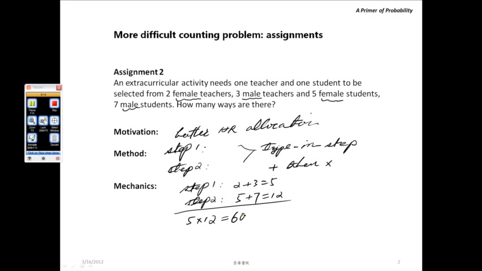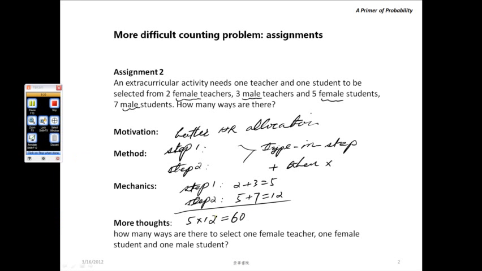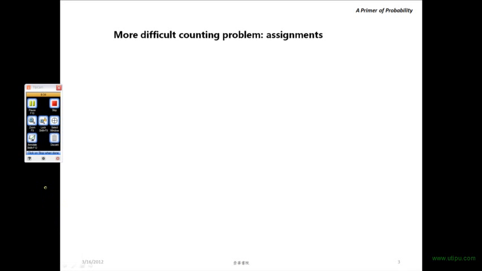This answers the original question. More so, how many ways are there to select 1 female teacher, 1 female student, and 1 male student? Okay, now let's turn to our next assignment.